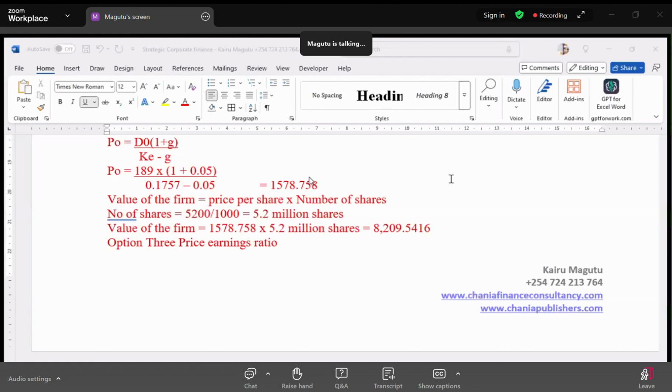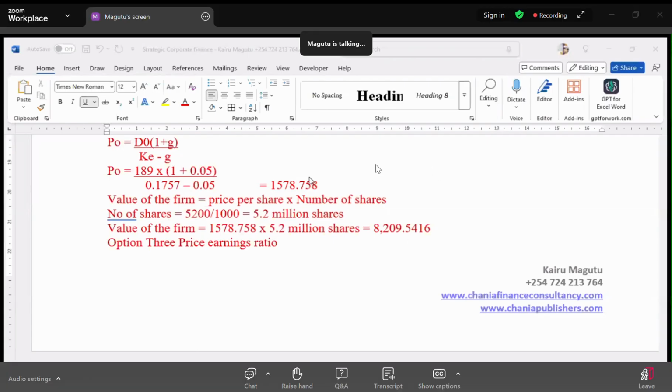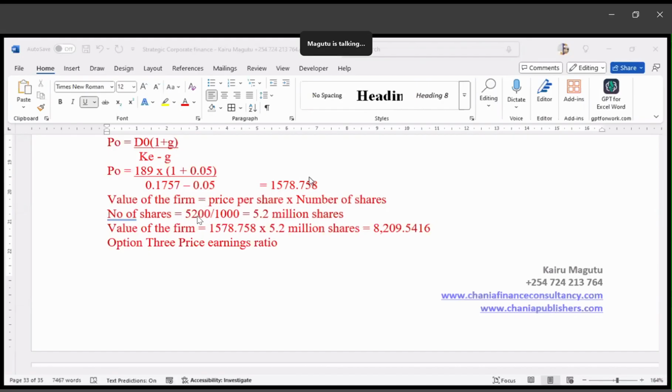We have in the earnings, the earnings per share is 55. Ordinary share capital, that's 10 million.